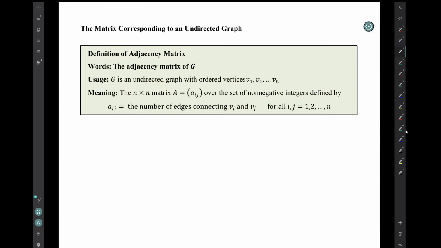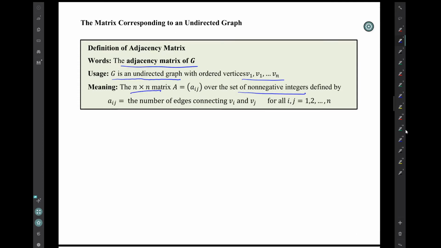Now I want to talk about the matrix corresponding to an undirected graph. The same words, the adjacency matrix for graph G, if those words are used in the case of an undirected graph with vertices 1 to n, then it means this. It's an n by n matrix over the set of non-negative integers defined by this prescription.